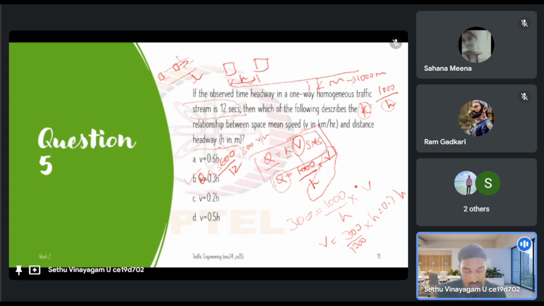Density is the length of the road divided by the space headway, and flow is the time period divided by the time headway. So using those relationships, we can arrive at this space mean speed to the distance headway relationship.